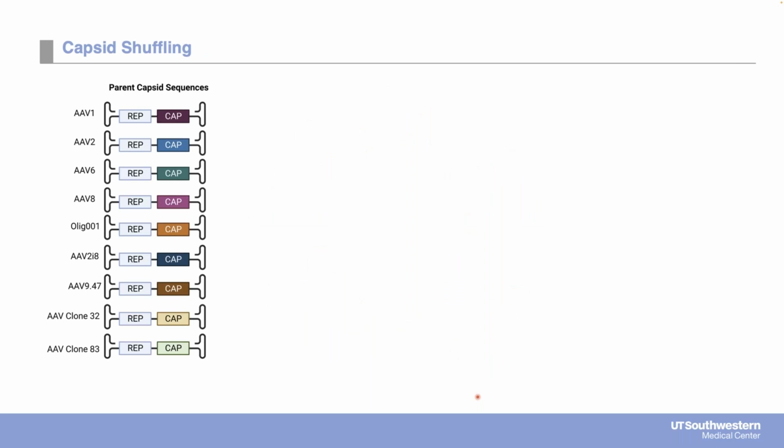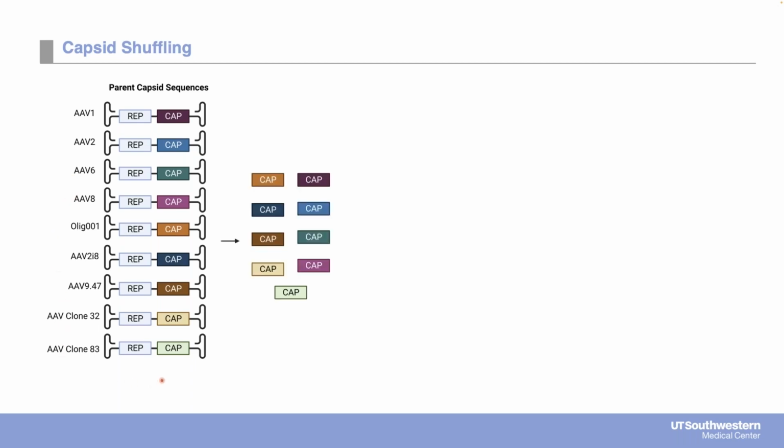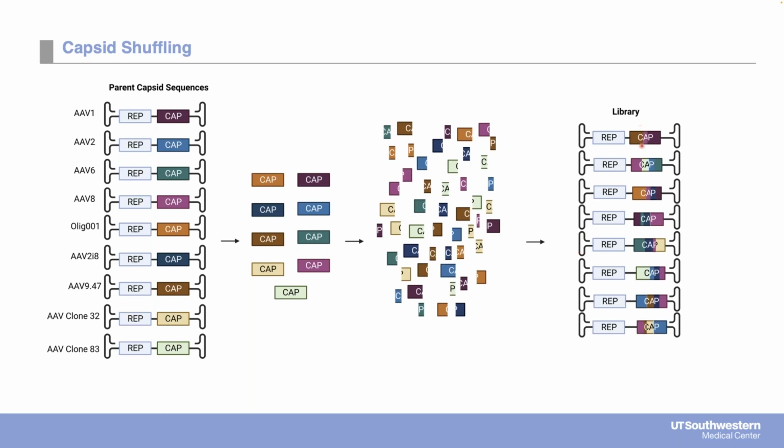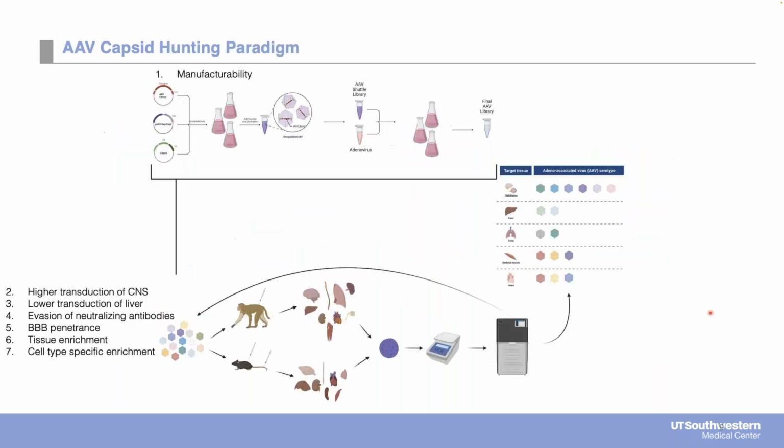To give a brief background on what capsid shuffling is, we've essentially taken wild-type AAVs as well as engineered AAV cap genes, isolated them and digested them into millions of tiny little fragments. And then with some clever molecular cloning techniques, we've reassembled these capsid genes in these capsid shuffled formats, and we've recloned them back into the AAV backbone, where we then generate our libraries.